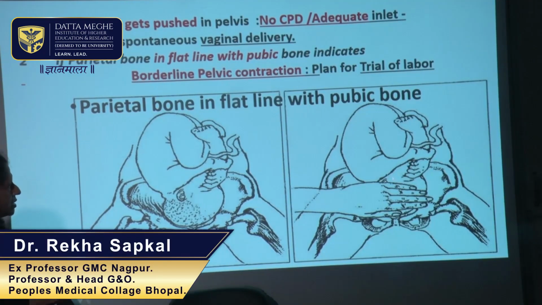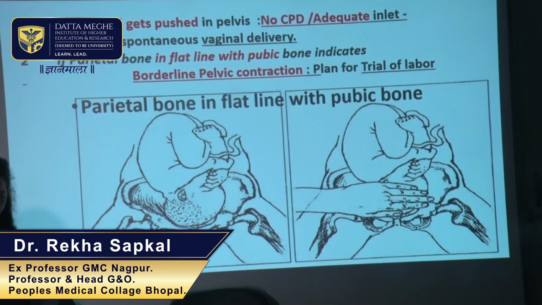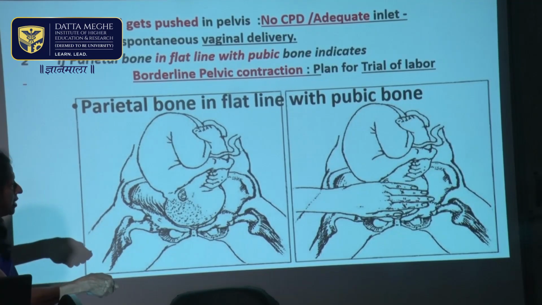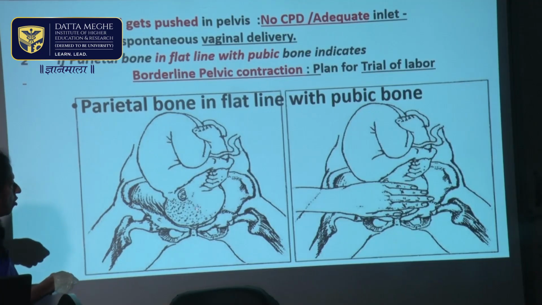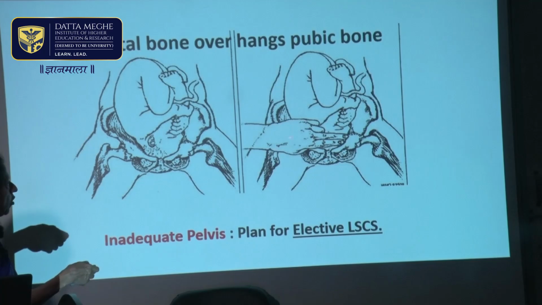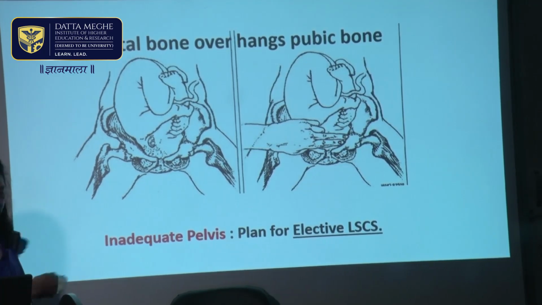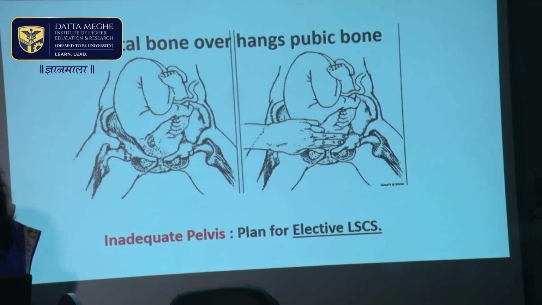So, this is borderline, it is parallel, and here it has already crossed the pubic symphysis. So, this one is borderline inlet contraction, this is normal inlet. Okay. Next one is parietal bone overhangs. This is the pubic symphysis, the parietal bone overhangs by 2 fingers like this. So, it is an inadequate pelvis, the plan is elective cesarean section.